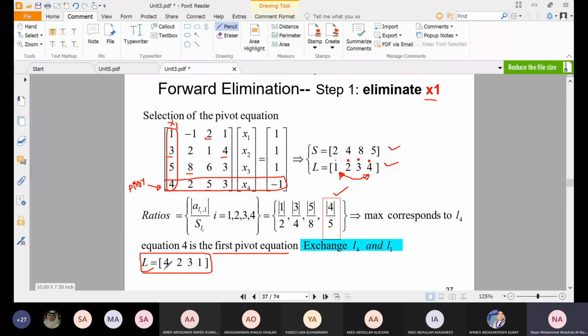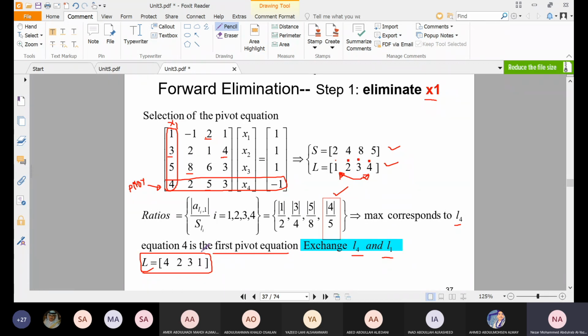Okay, so here we just change now, because we select row number 4 to be the pivot equation. So we interchange between row number 4 and row number 2. So I just replace this one by this one. So now I have 4, 3, 4, 2, 3, 1. At the end we'll solve from the back.